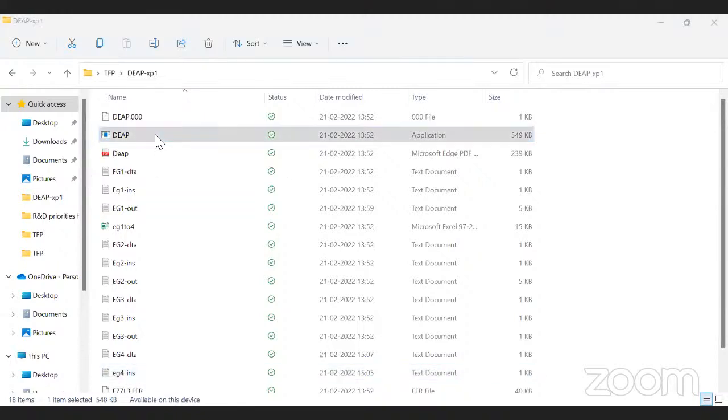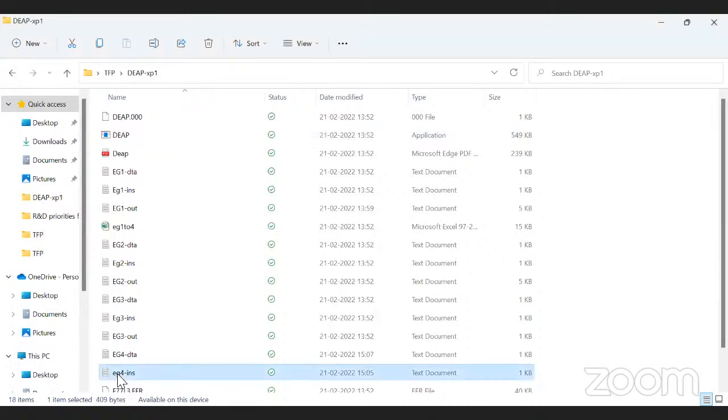Then I will open this software. Here I have to write the instruction file name, which is this EG4INS. This code I have to give for generating the output data.